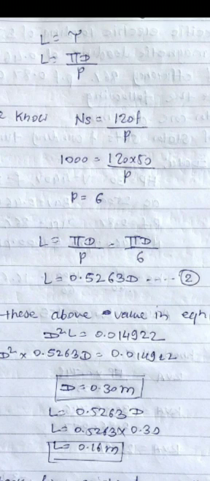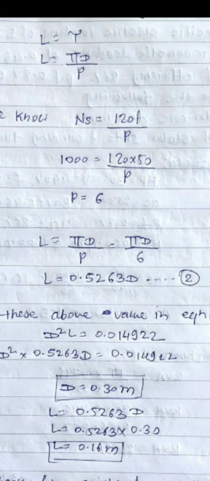So the L value is 0.16 meter. We also check the peripheral speed. Changing the symbol, v is equal to pi d ns.